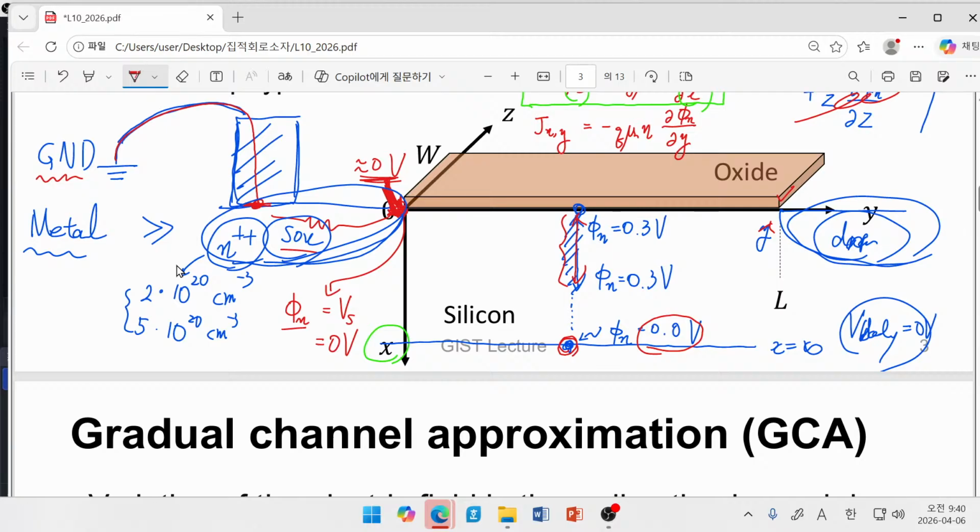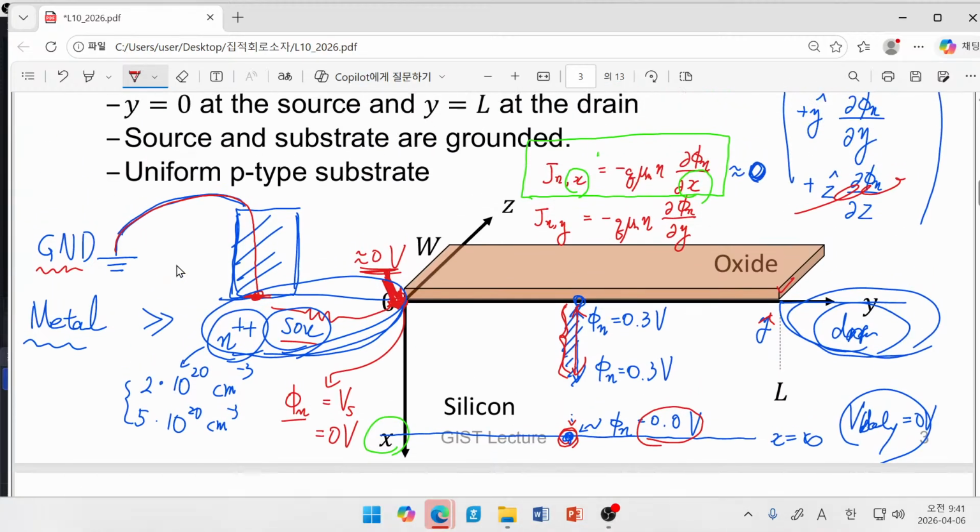Then what's the problem? If we extend this discussion to the end, to the deep substrate, then we have to say that phi n should be 0.3 volt. Certainly it's not the case. Then where do we have a contradiction? This discussion is related to our assumption that Jn should vanish.